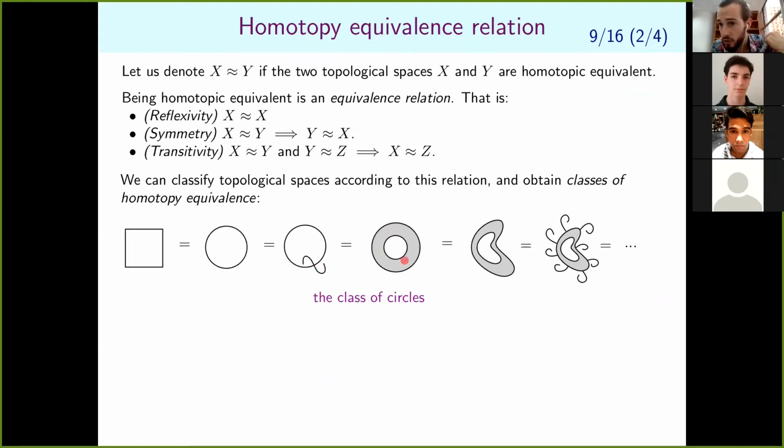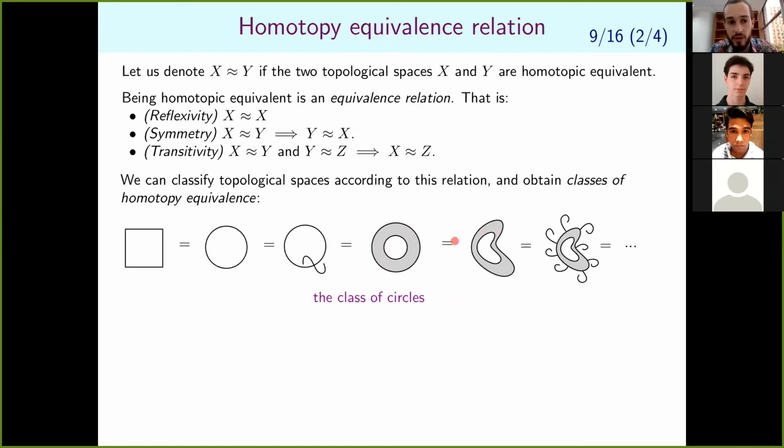The annulus also is homotopy equivalent to the circle because you can retract the annulus onto the circle. And of course, we are also allowed to deform shapes continuously. As for homeomorphisms, this disk is homotopy equivalent to this bent annulus.